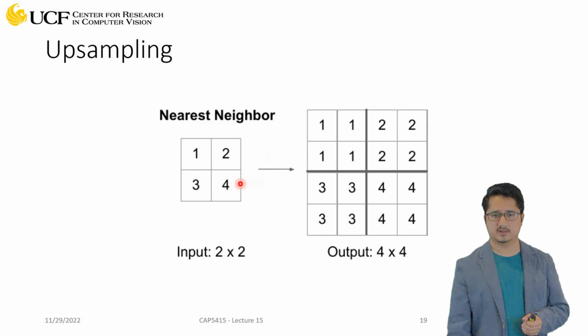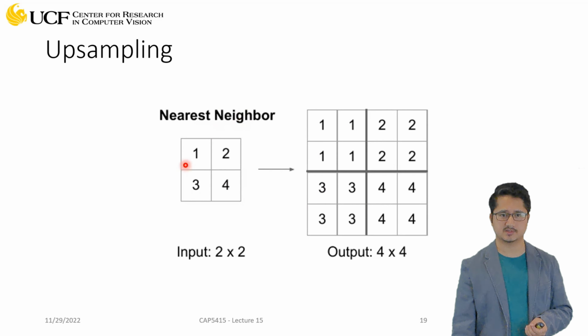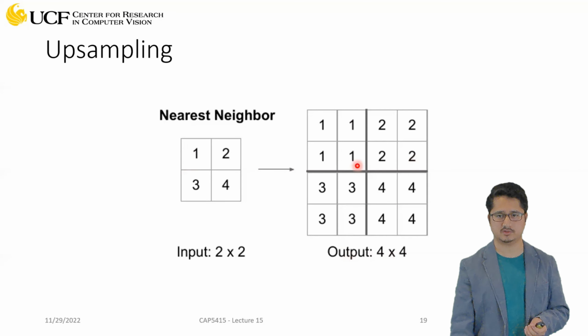And this is just one way to upsample, which is nearest neighbor. Let's say this is your feature map, 2x2, and you have to upsample by 2x. This is going to be 4x4. You can just use nearest neighbor: you just repeat this value 1, repeat this value 2, 3, and 4. And that's your 4x4 activation map.